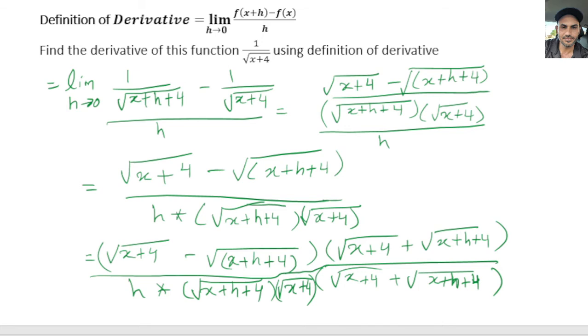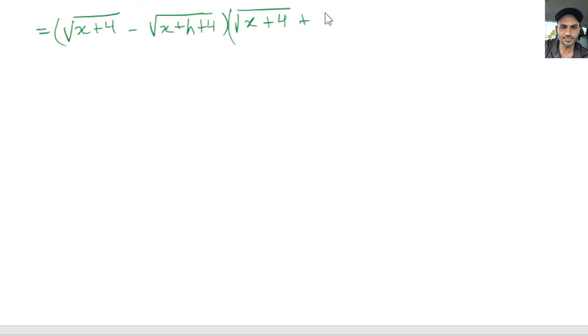So here we go. This is equal to square root of x plus 4 minus square root of x plus h plus 4, and then we have square root of x plus 4, and this negative becomes positive as it was before. I'm just copying the terms from the previous slide.